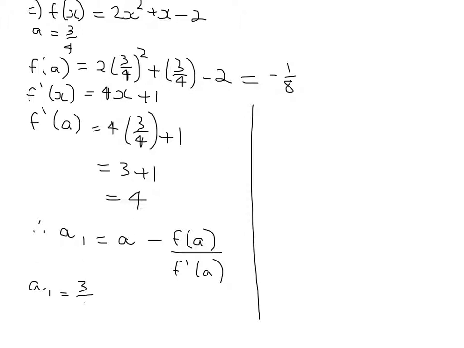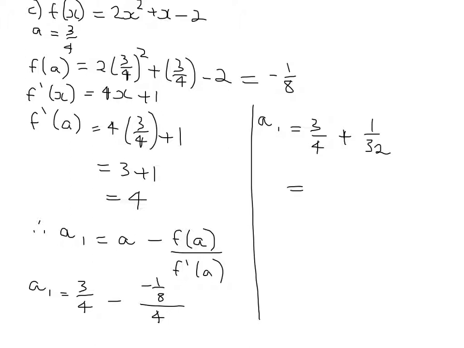a1 equals 3/4 minus f of a, which was minus 1/8, over f dash a, which is 4. So that's 3/4, and the minus becomes a plus, and that's going to be 1 on 32.